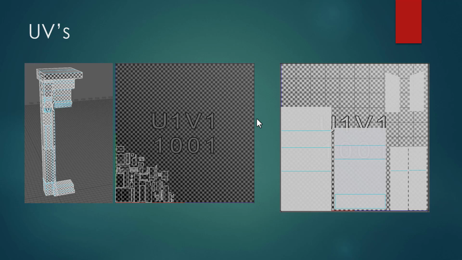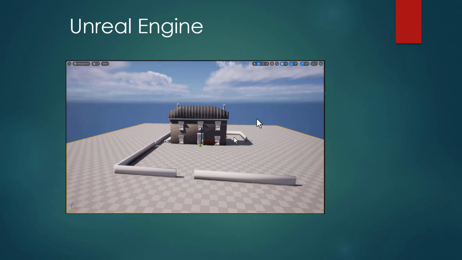And then going from the UVs, we then get to the texturing side of things. So after creating my UVs, I started to texture my assets in Painter. Now, I had never used Substance Painter before, but again, this was a chance for me to research and to look into this software.